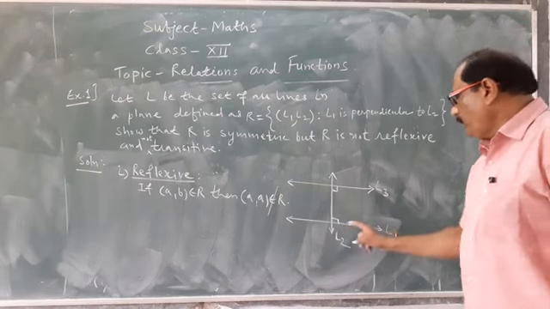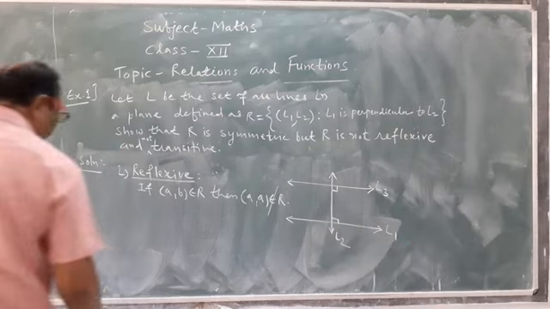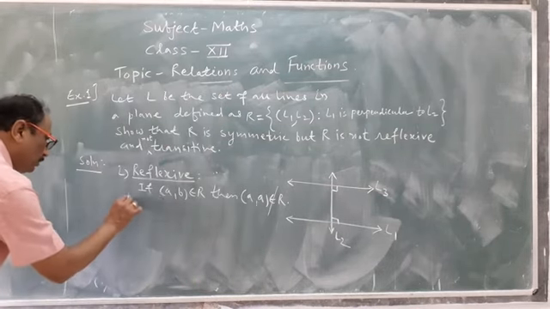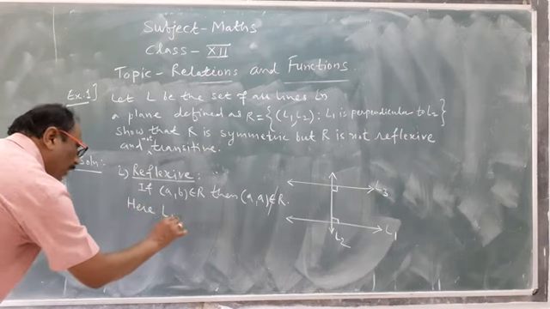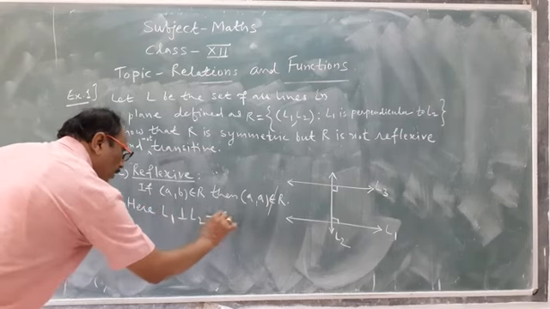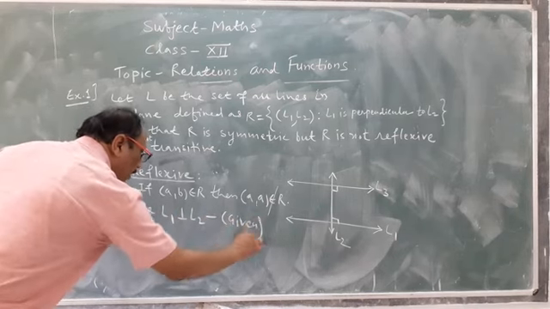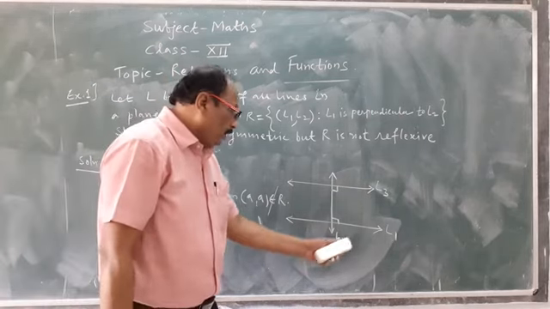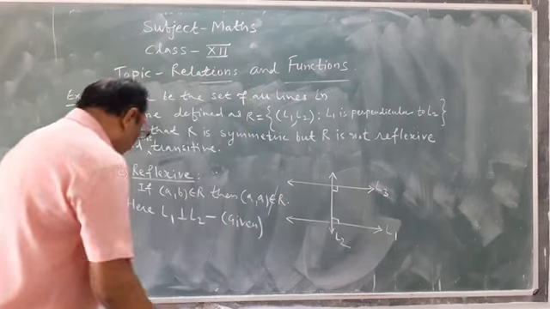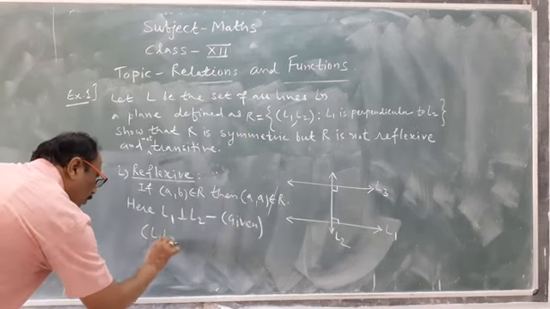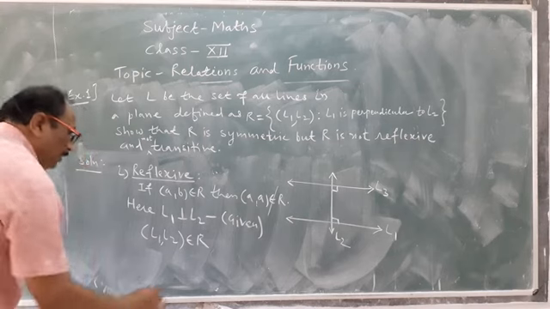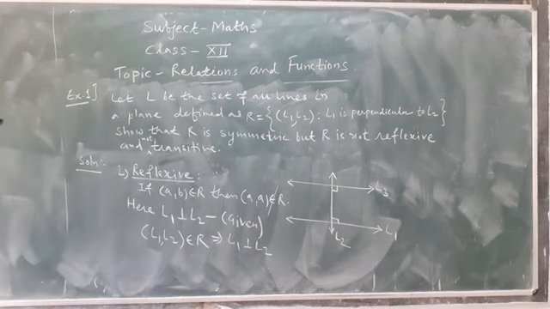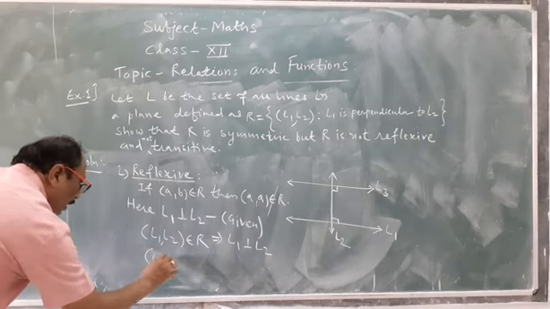Here L1 is perpendicular to L2. It is given. L1 is perpendicular to L2, but what is the ordered pair (L1, L1)?